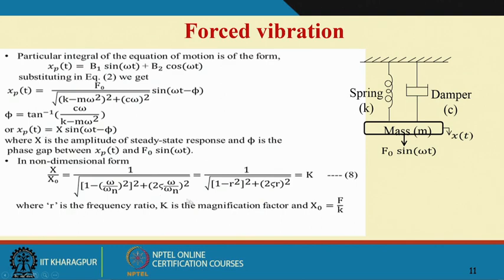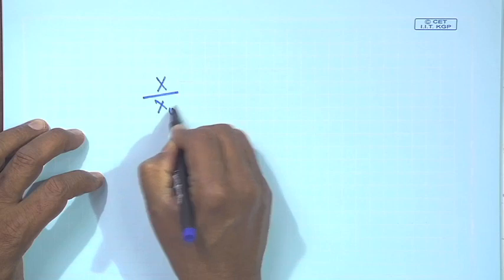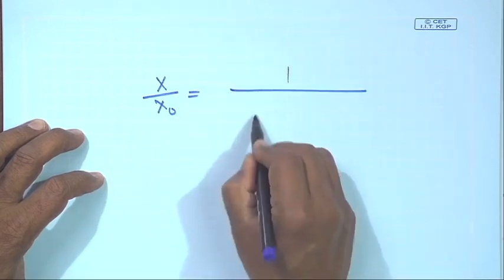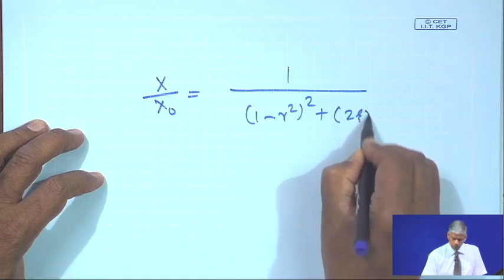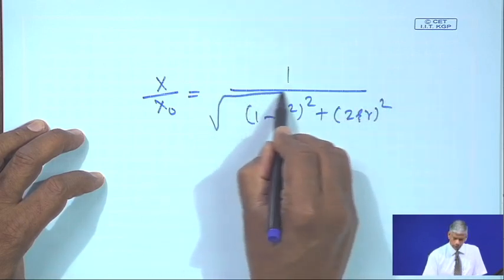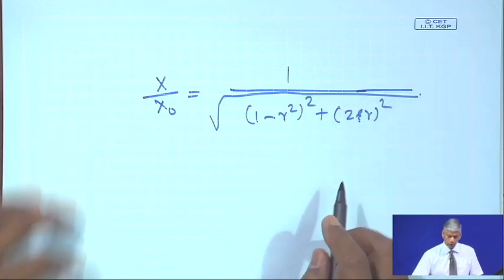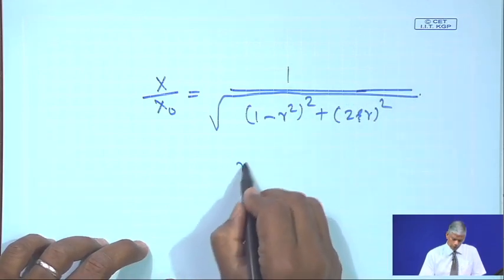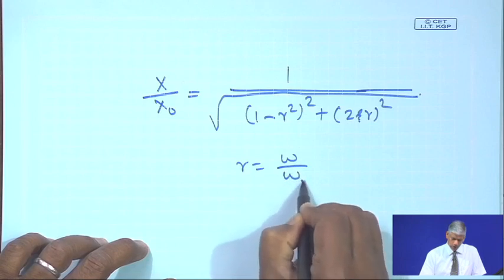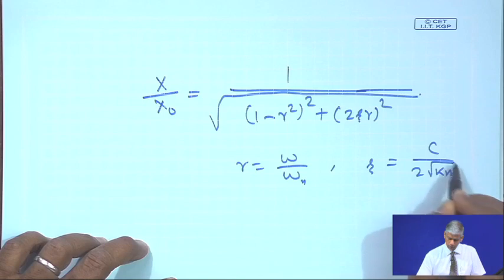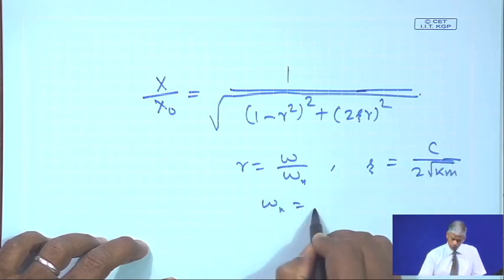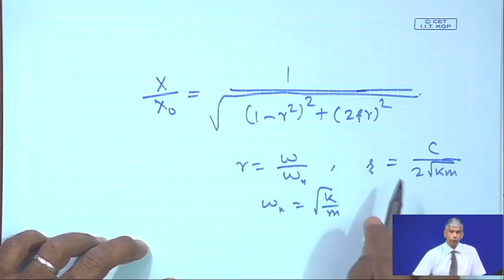So, in non-dimensionalized terms, this is very important: x by x naught is given by 1 by the square root of (1 minus r squared) whole squared plus (2 zeta r) whole squared. Okay. Where r is equal to omega by omega n, and zeta is equal to c by 2 root over k times m, and omega n is equal to root over k by m. Okay.